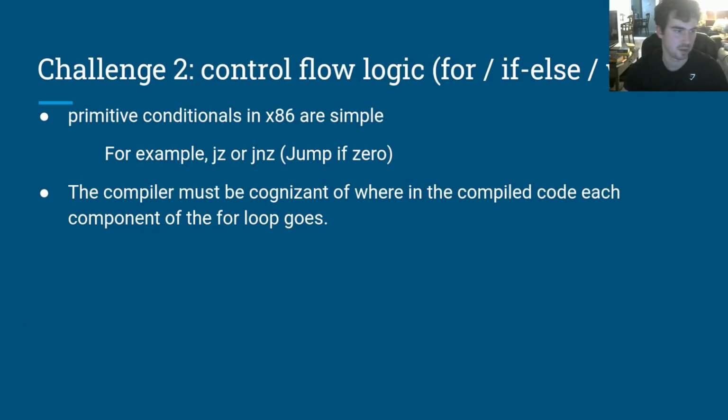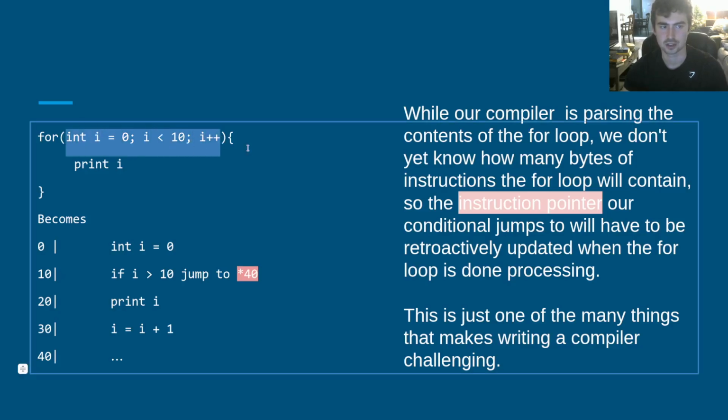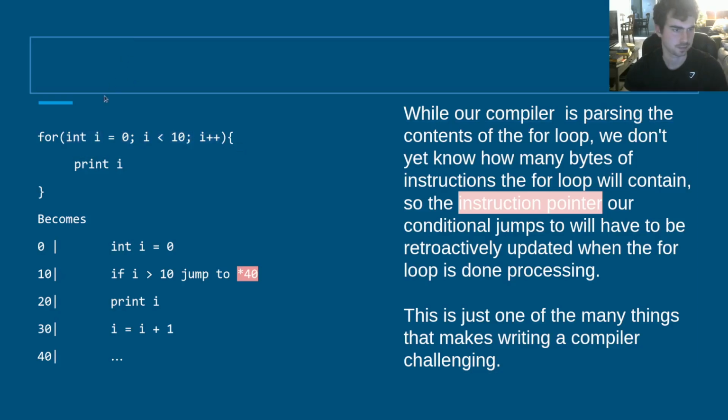So maybe that sounds a little bit abstract, but I'm going to try to clear that up. Here's an example of a for loop in C++. As we can see here, the for loop has these 3 arguments when we create it.